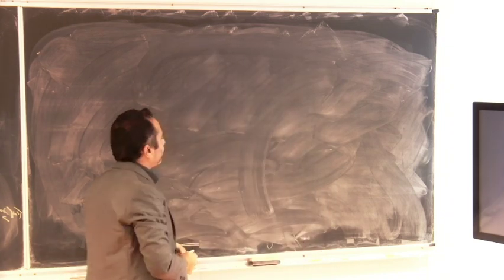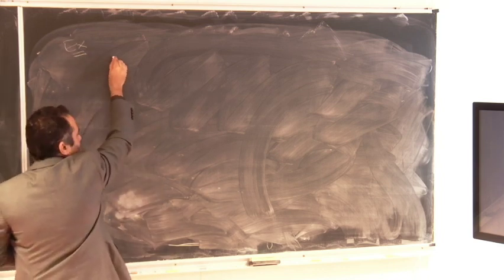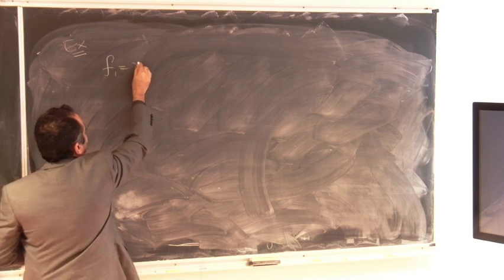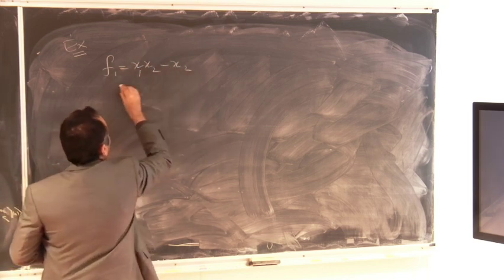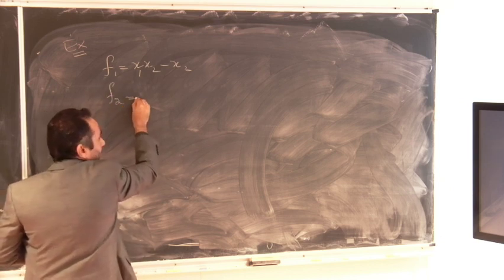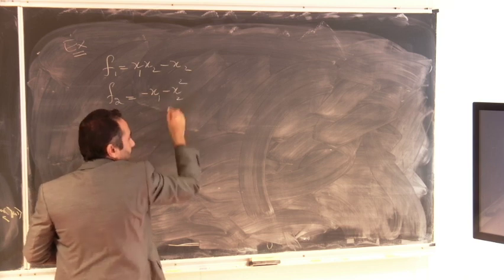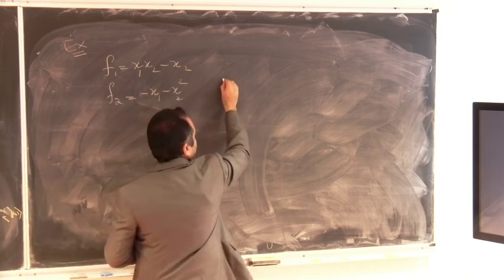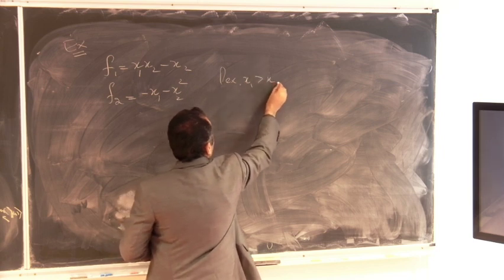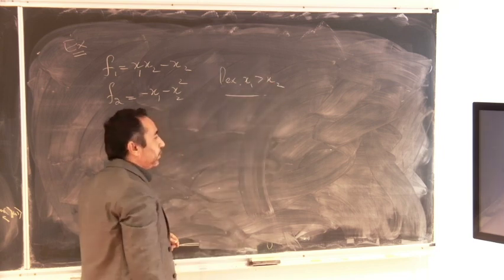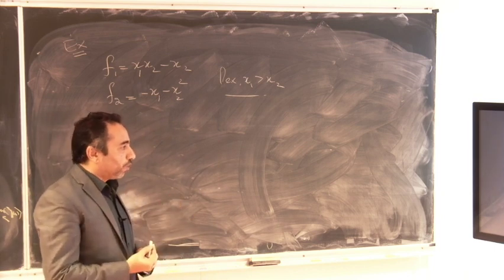We are given two polynomials, namely f1, which is given by x1 x2 minus x2, and f2, which is minus x1 minus x2 squared, and we are in lexicographic ordering with x1 greater than x2. So we need to compute the Gröbner basis for this given set of polynomials.